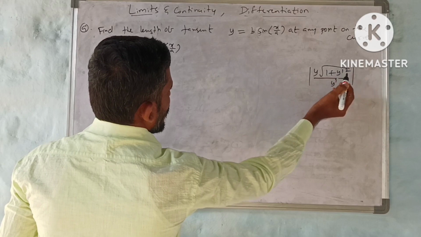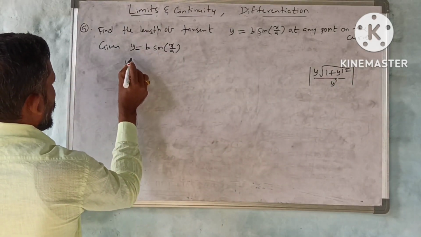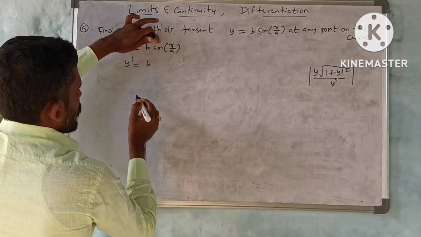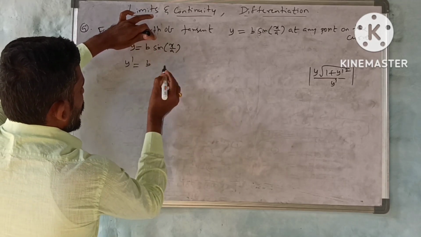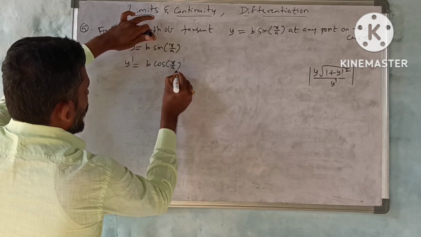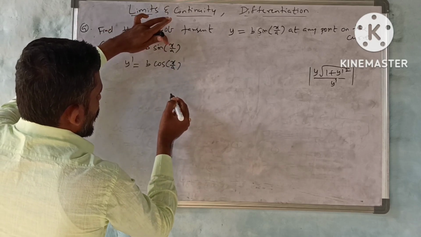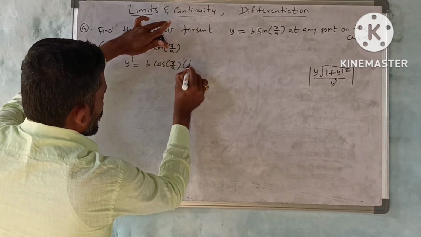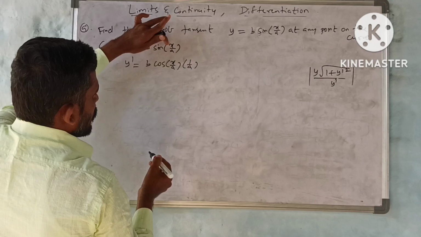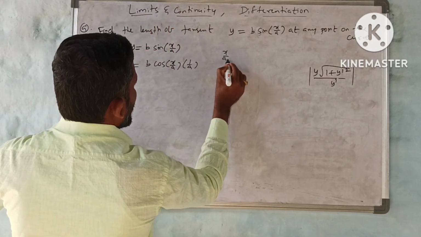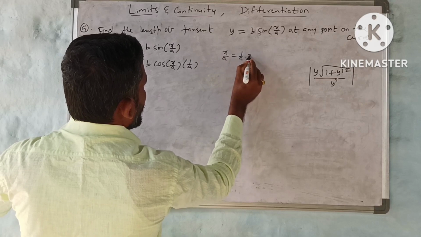You want y dash also. So y dash: on taking the derivative, b stays the same, as it is the coefficient of the sin function here. The derivative of sin is cos x by a, and x is the function variable, so the x derivative is 1 by a, because x by a can be written as 1 by a into x.